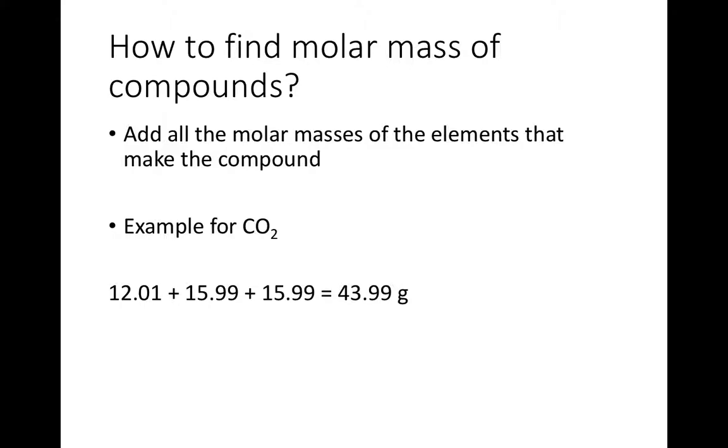That mass of carbon dioxide is how much you have in 1 mole. So if I have almost 44 grams of carbon dioxide, it means I have 6.02 times 10 to the power 23 molecules of carbon dioxide. So millions and millions of molecules of carbon dioxide will weigh 43.99 grams.